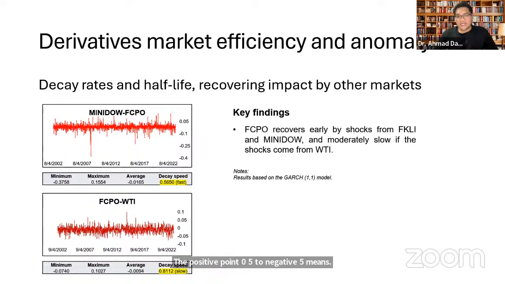So what we can conclude here is that CPO recovers early from shocks that come from KLCI or mini Dow, from the stock indices. If you want to do this by yourself, you can explore the GARCH econometric model, for those of you already taking econometrics classes. Right, next.